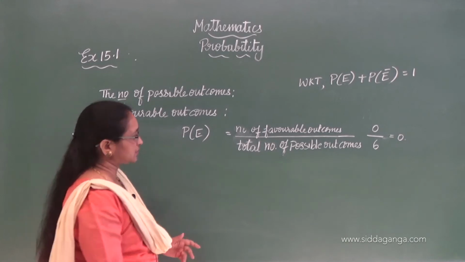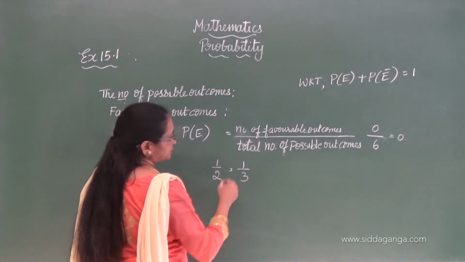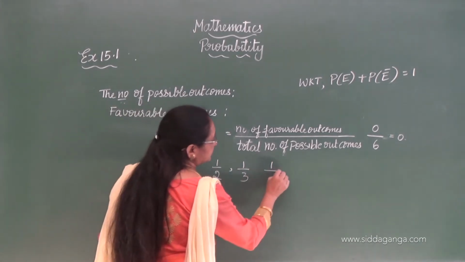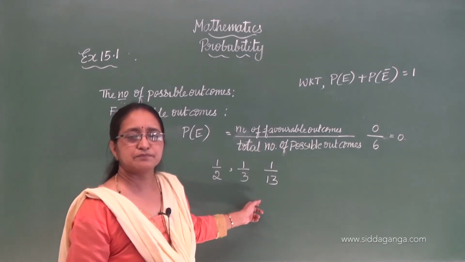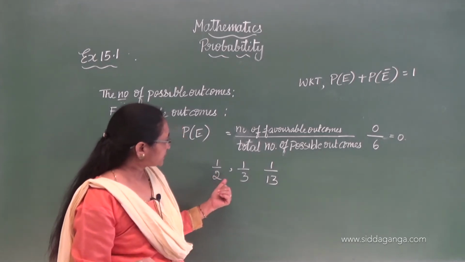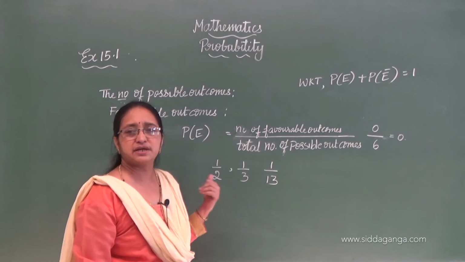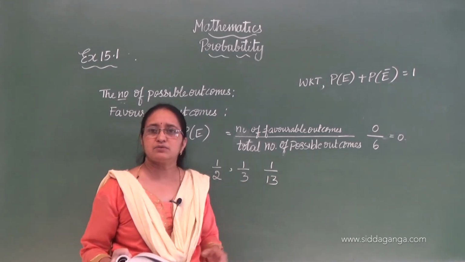Everywhere in your examples we have got 1 by 2 or 1 by 3, and like this 1 by 13 we got. Definitely these are all less than 1, correct?